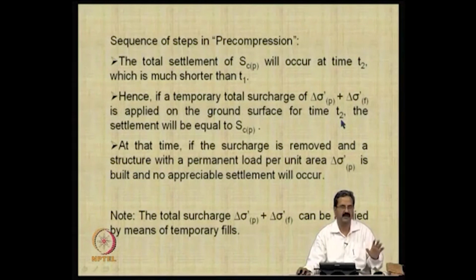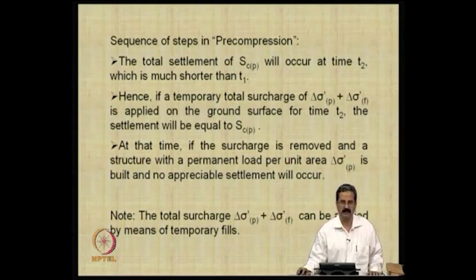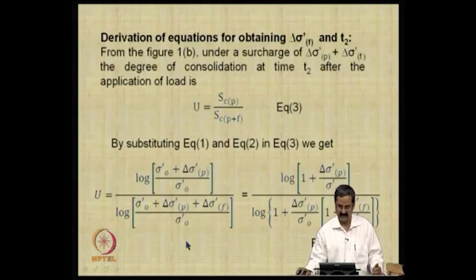How do you apply the temporary surcharge? You have sandbags or any heavy material, you can keep it, and then the settlement will be equal to SCP. If the surcharge is removed and a structure with a permanent load is built, no appreciable settlement will occur. As I said, these are all done by temporary fills.